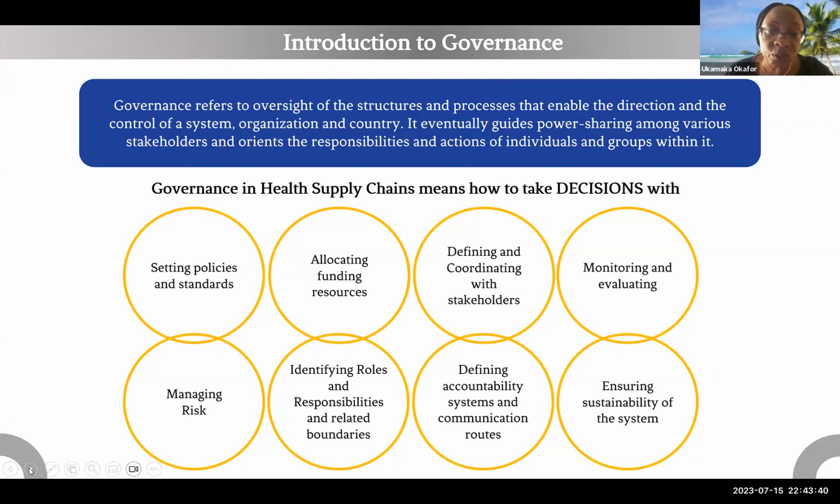Under governance also, you identify roles and responsibilities of various stakeholders and set their related boundaries. You also define accountability, systems and communication routes, and ensure that the system is sustained. So these are the various types of decisions that you take under health supply chain governance.